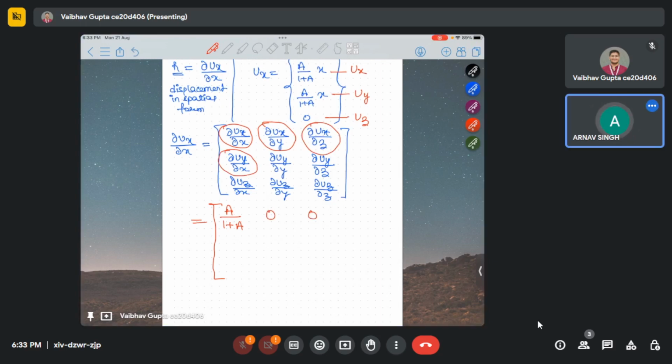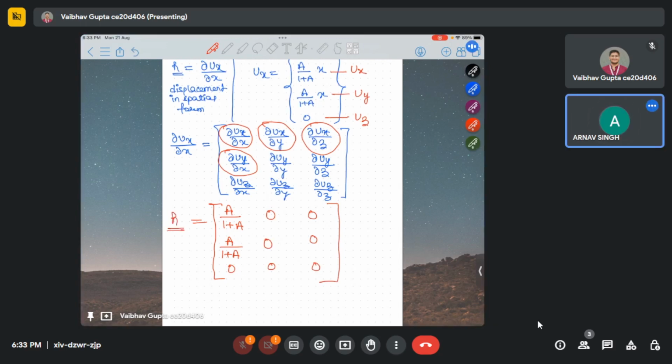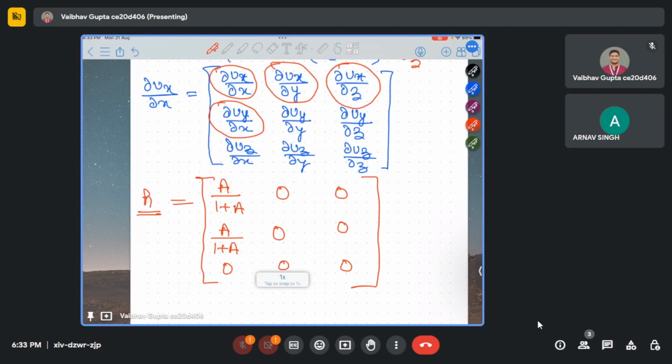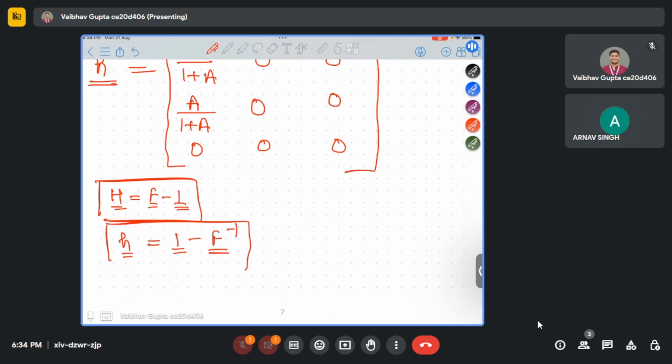Derivative of small x, where A is present. Small y, A upon 1 plus A. Correct. 0, 0. Very good. Last one is 0, 0, 0. This is small h. You got it. Similarly, H is equal to F minus I. We saw small h is nothing but I minus F inverse.